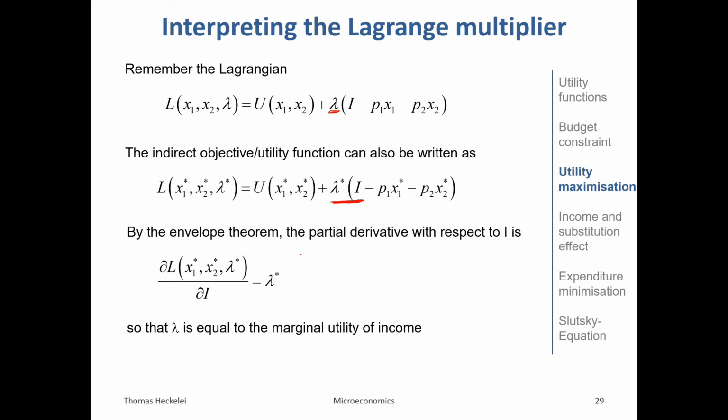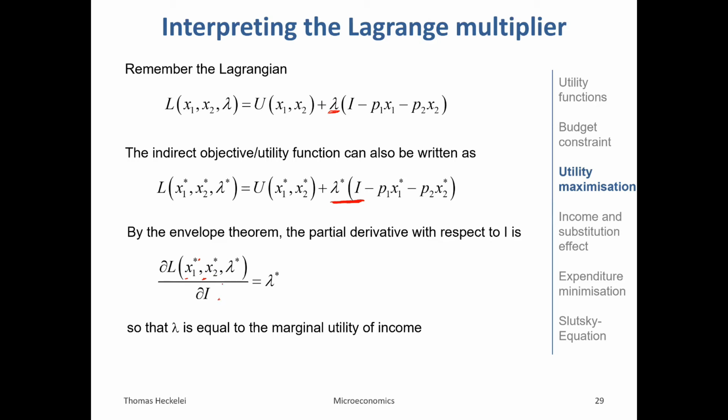Before that, we always think about the variables like x, the quantity, and we treated other parameters like prices and income as given. And now we would be interested to know how this optimal value changes when the parameter changes.